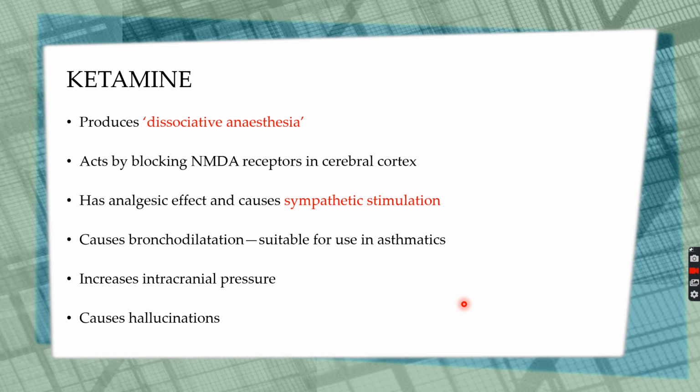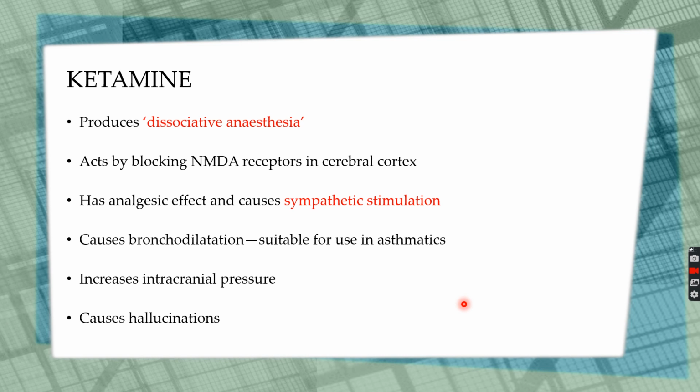So, the advantage of dissociative anesthesia is the person is still able to breathe on his own. So, you do not need to intubate the patient, or give artificial respiration to the person. The person can pretty much breathe on his own. You just have to monitor the breathing while the surgery is going on.